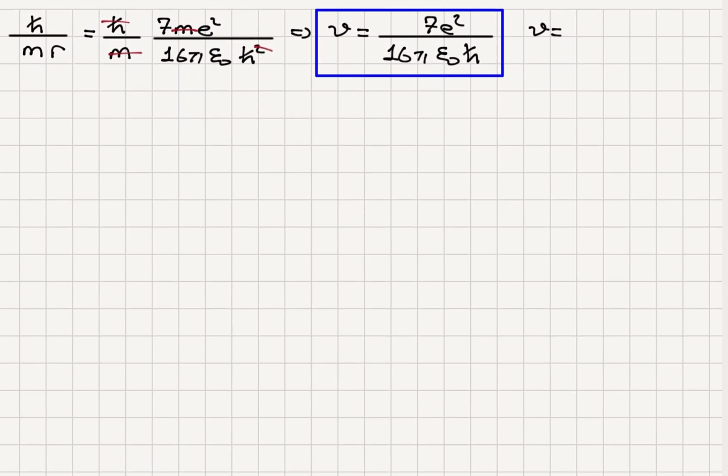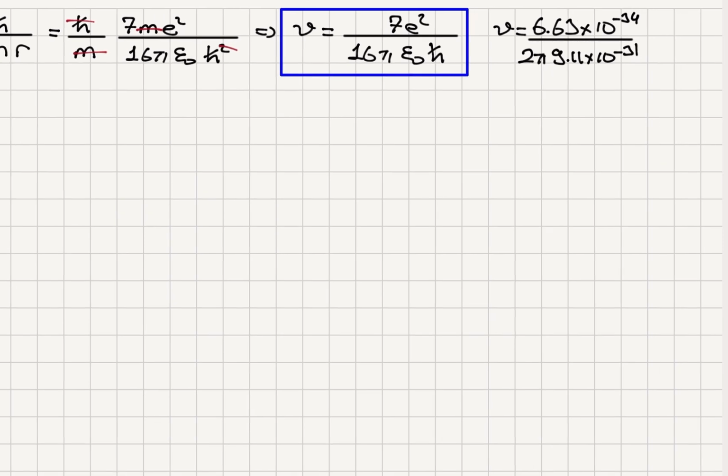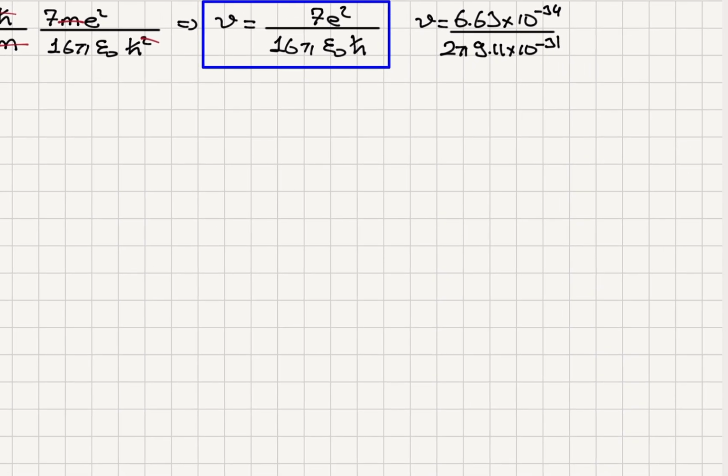So h bar, using this result here, is 6.63 times 10 to minus 34 joule seconds divided by 2 pi. The mass of the electron is 9.11 times 10 to minus 31 kilograms, and r is 0.3 angstroms, so this is going to be divided by 0.3 times 10 to minus 10 meters.